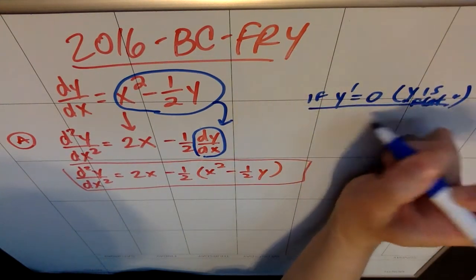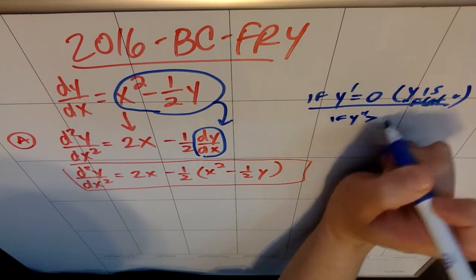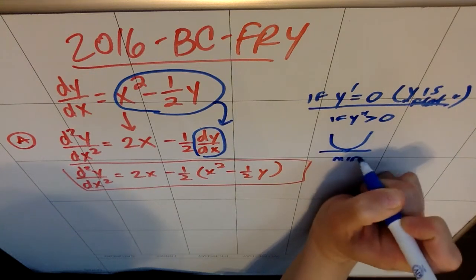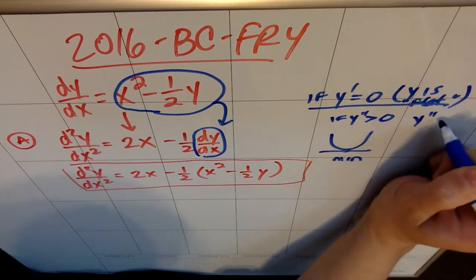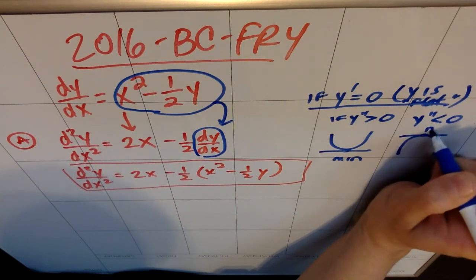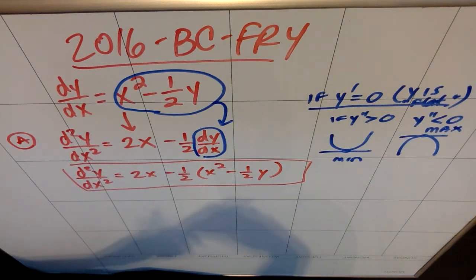If y double prime is greater than 0, then y is concave up, and what you're looking at is a min. If y double prime is less than 0, then your graph is concave down, and that flat point must be a max. If y double prime is 0, the second derivative test is inconclusive and you have to pick a different option.